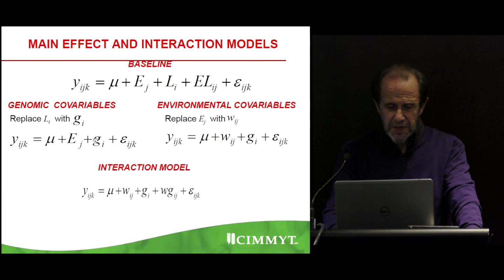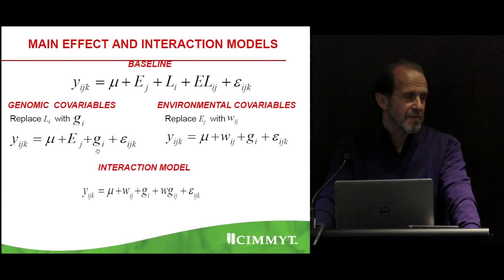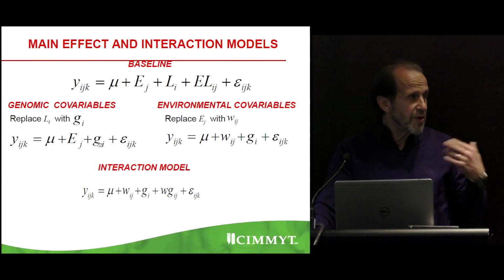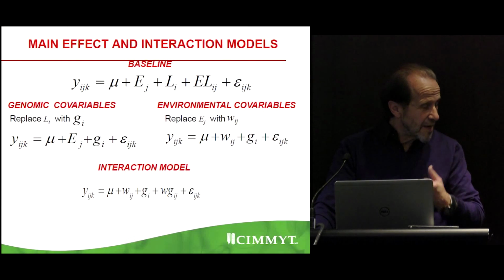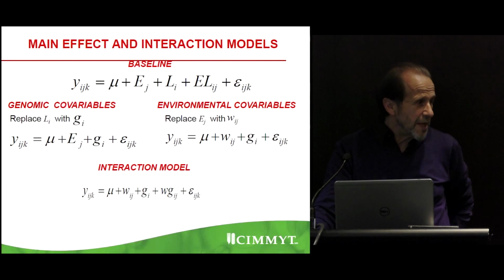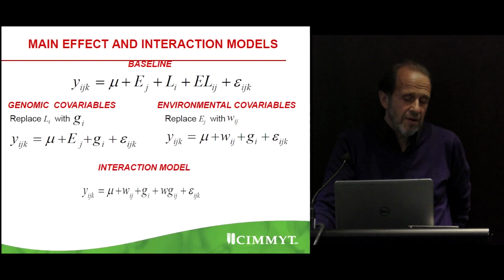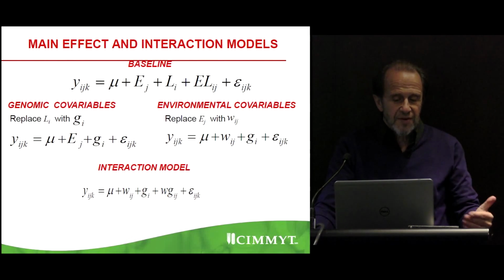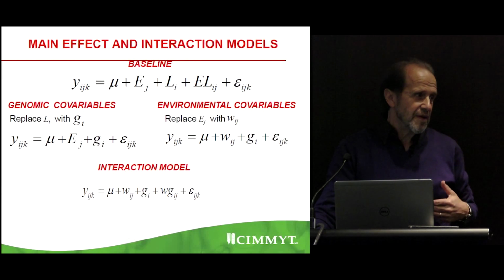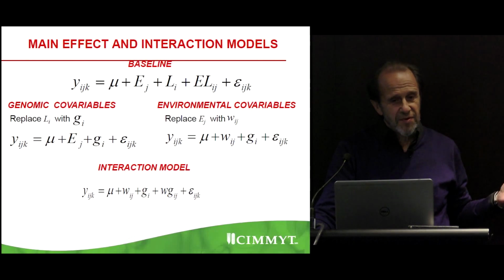So instead of having the L, we might have the G. The G is representing the L. The G will explain part of the L, maybe not all of it, but part of that. The L is just the lines, the entries, one number: 1, 2, 3, 4, 5.